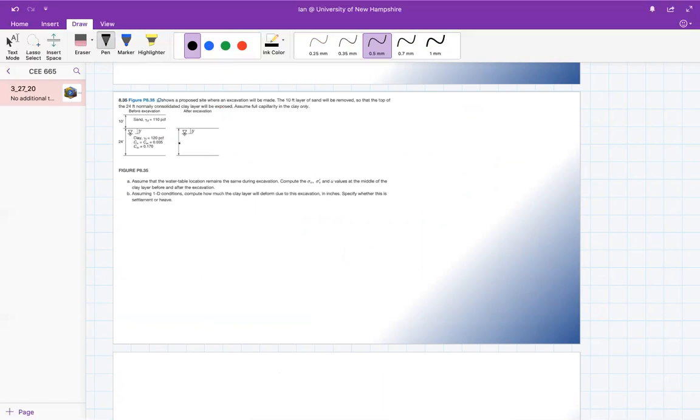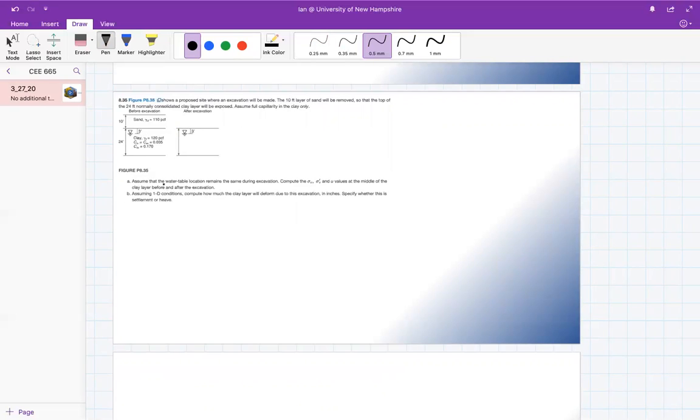This figure shows a proposed site where an excavation will be made. The 10-foot layer of sand will be removed so that the top of the 20-foot normally consolidated clay layer will be exposed. So we're going to assume full capillarity in the clay only.